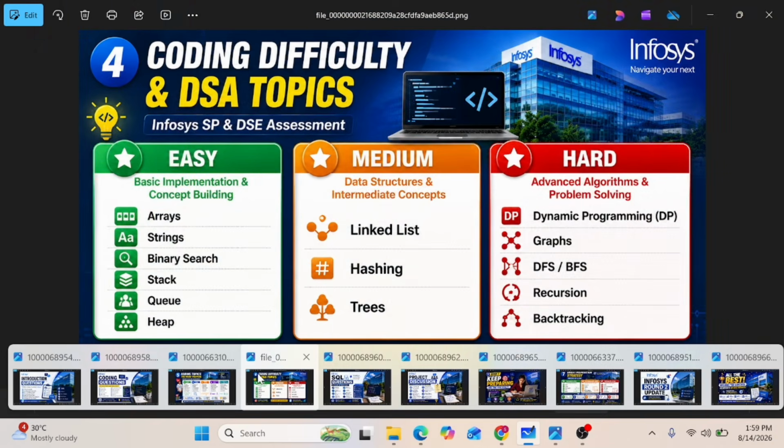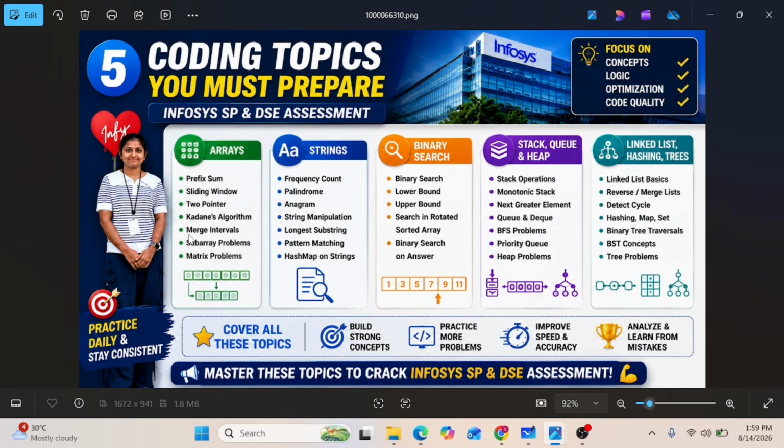Also, understand common complexities of arrays, hash maps, stacks, queues, linked lists, binary search, sorting algorithms, trees, and graph algorithms.